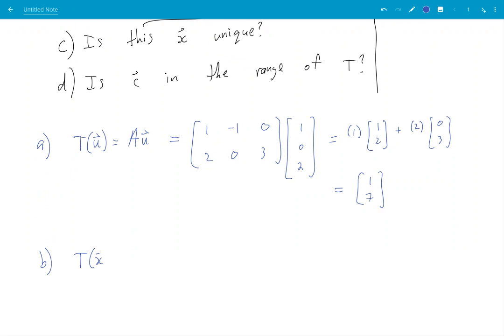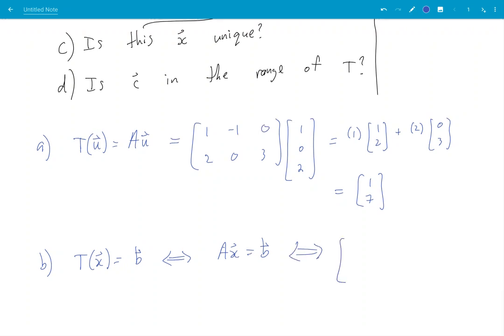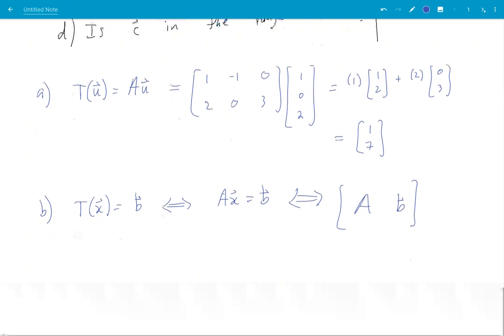For b, we're solving T of x is equal to b. That's the same as A times x is equal to b, which, as we have seen, is the same as solving this system, A augmented with b.